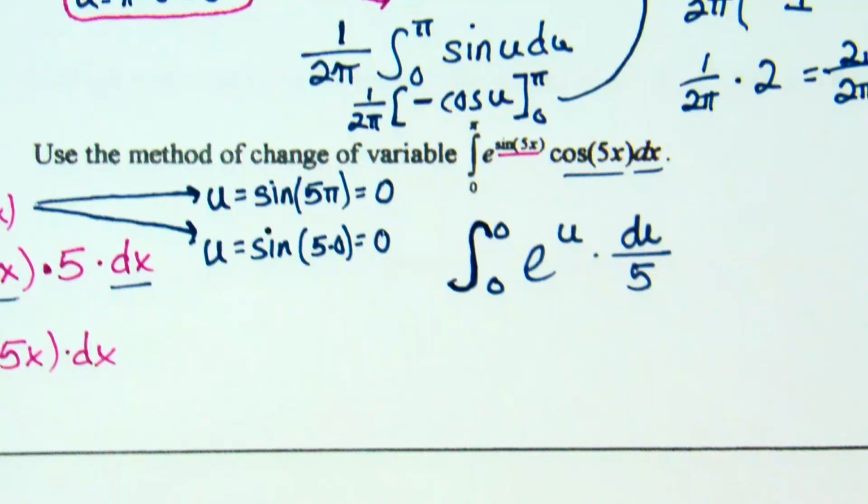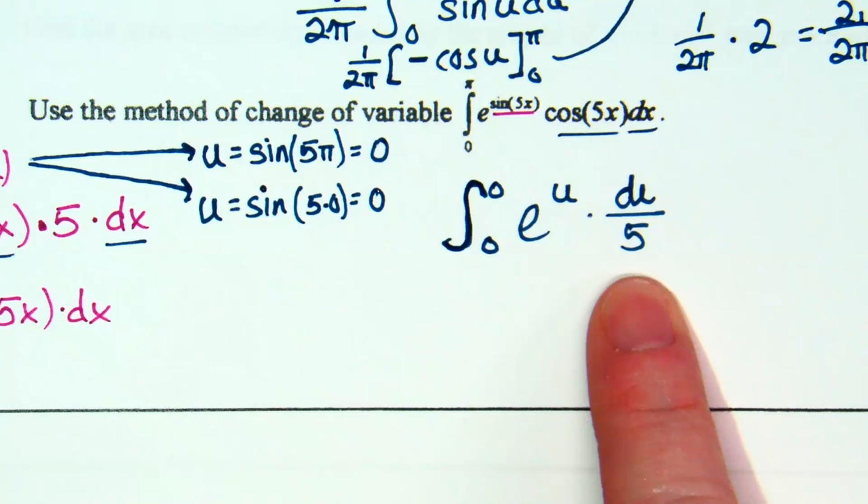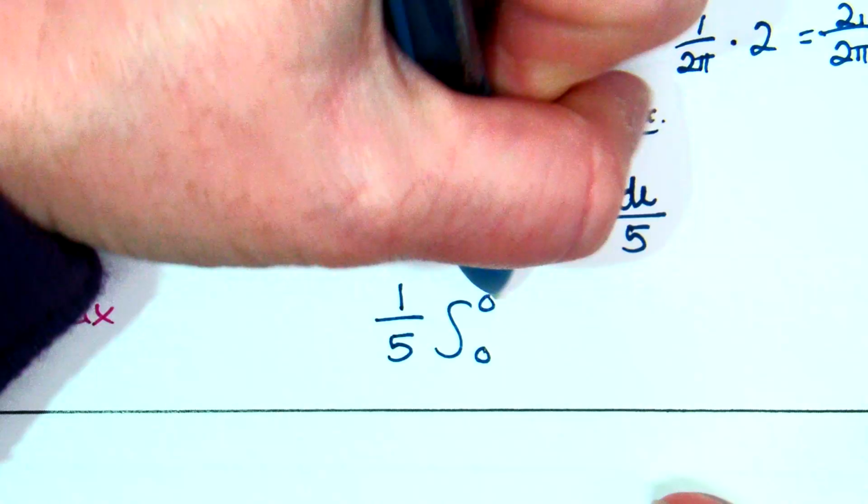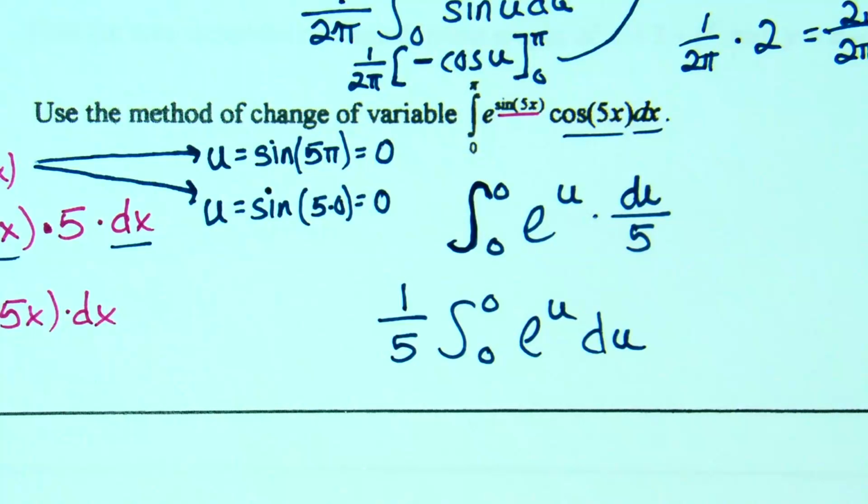When your upper and lower boundaries are the same, what does your integral always equal? 0. Because think about it. If I integrate this, and then I'm going to plug in my two boundaries, right? We plug in the upper boundary, and then we're going to subtract, and we're going to plug in the lower boundary, right? If upper boundary and lower boundary are the same, you're getting the same results. Upper result minus the lower result, which is the same, is going to equal 0.